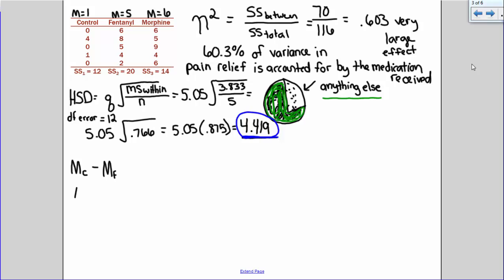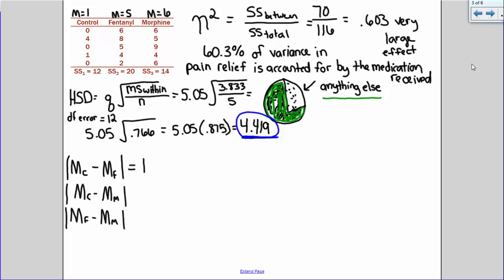We need to take the mean for the control group minus the mean for the morphine group. And then that only leaves one comparison, right? The mean for the fentanyl group compared to the mean for the morphine group. And when we're doing this, we really only care about absolute differences. It doesn't matter if they're negative or positive. We just care about the absolute differences, and if that's greater than Tukey's HSD.